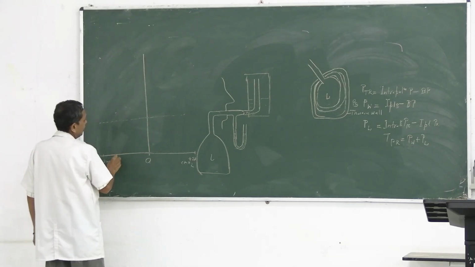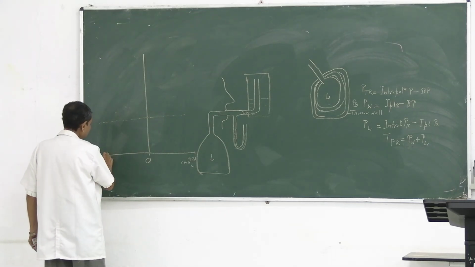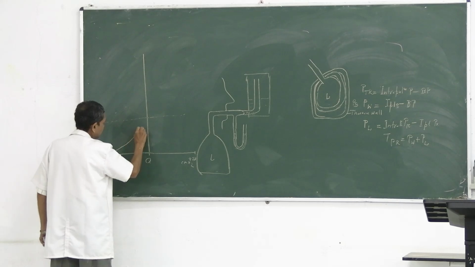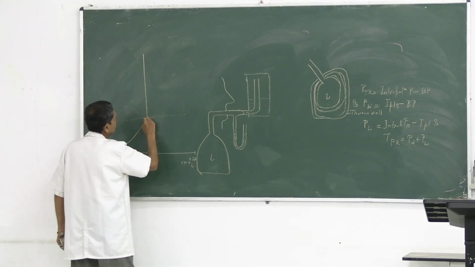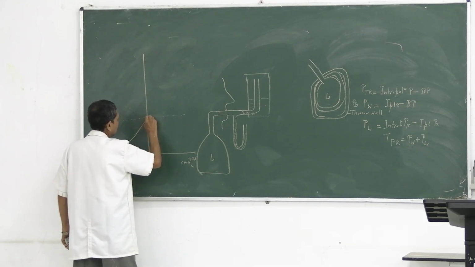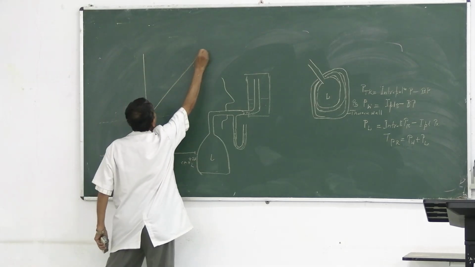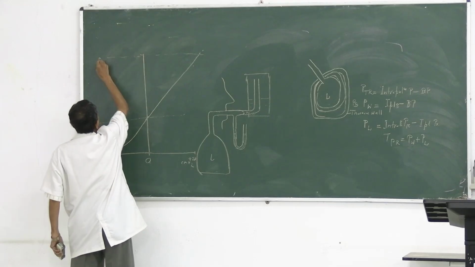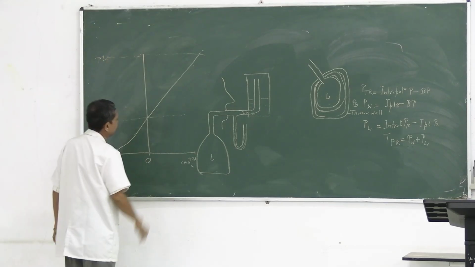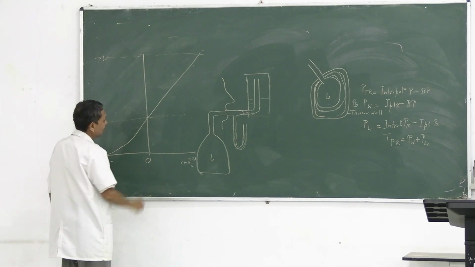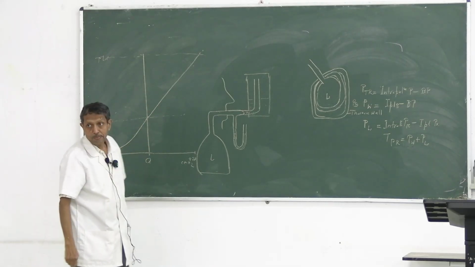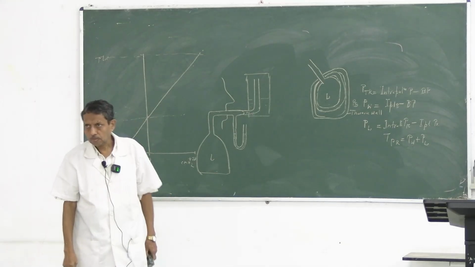At that point I am drawing a line like this, up to this level, and it is the total lung capacity, 6 liter or so. So it is the relaxation pressure curve of the total respiratory system.